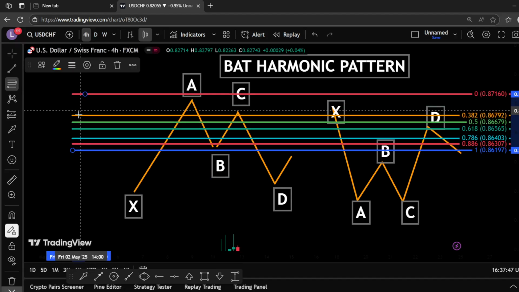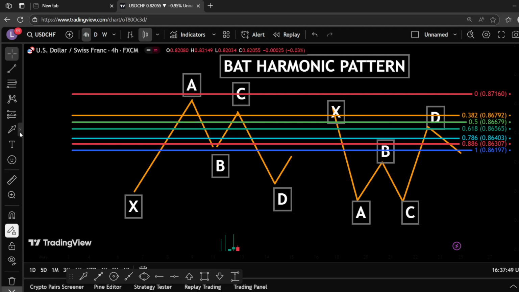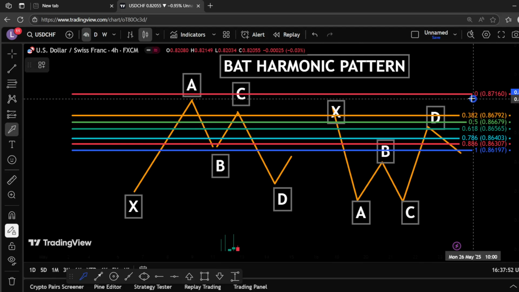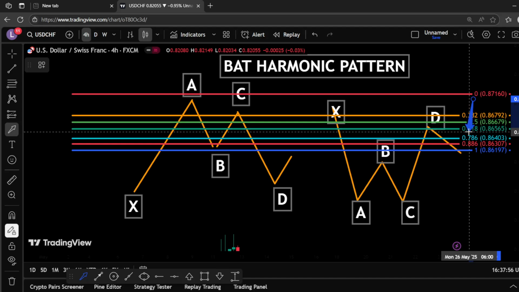The numbers you need for your harmonic patterns are 0.382, 0.5, 0.618, 0.707, 0.786 and 0.886. I've not added 0.707 on my fib because I only use it when I'm trading AB equals CD patterns.